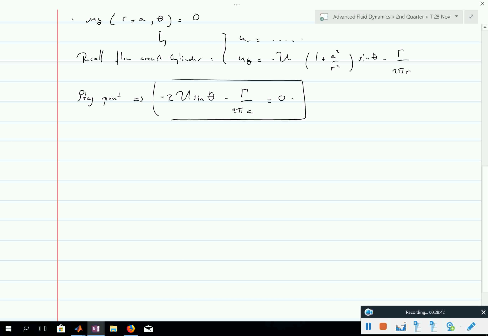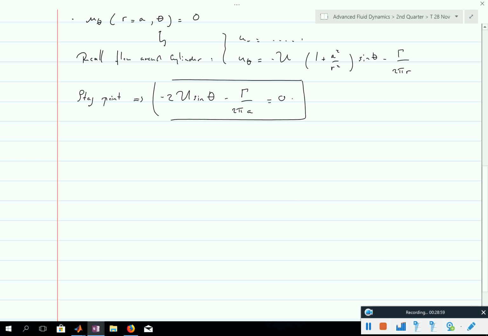All right, so how can I write this? We'll write an equation for theta, and how am I going to do that? Actually, I want it for gamma.